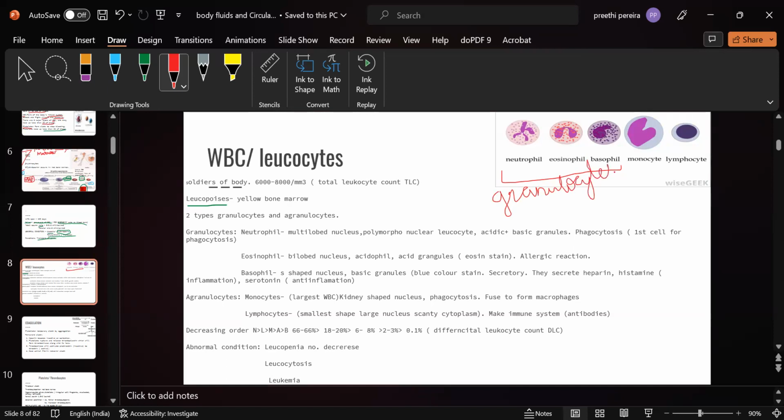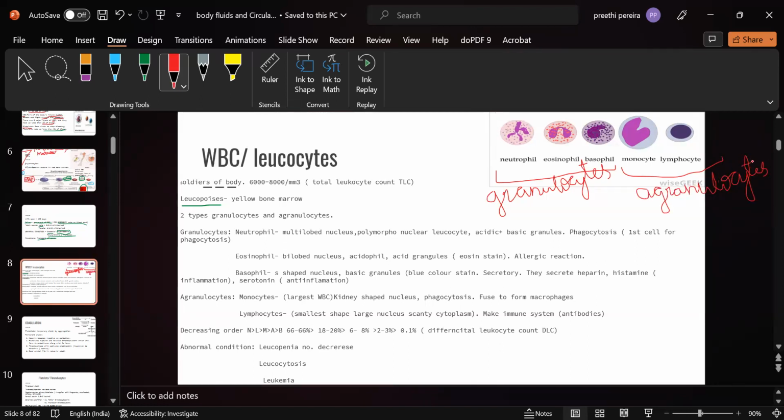And the ones which do not have such dots, we will say they are agranulocytes. So this is granulocytes. These are agranulocytes.